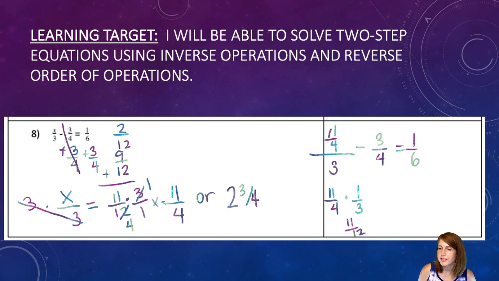So then I'm going to do 11/12 minus 3/4. And if I rewrite 3/4 with the denominator of 12, I get 9/12. 11/12 minus 9/12 equals 2/12, or 1/6.